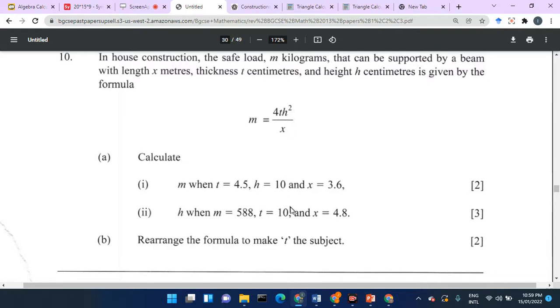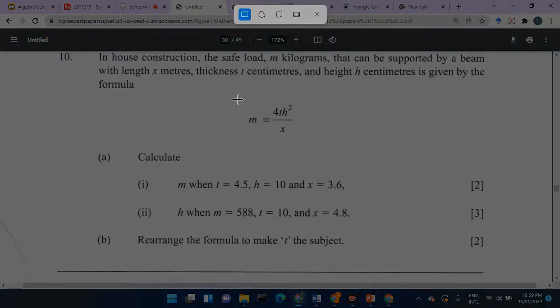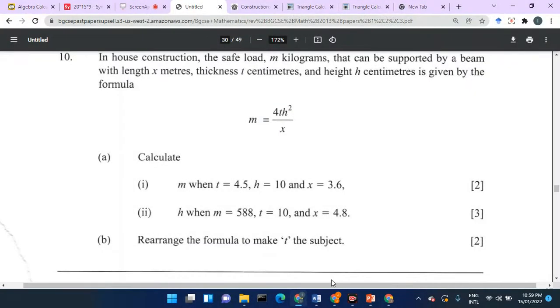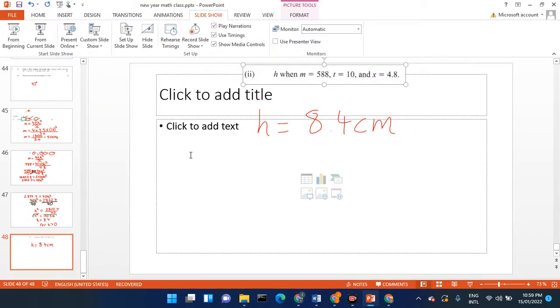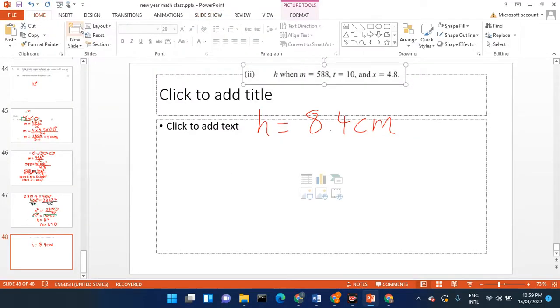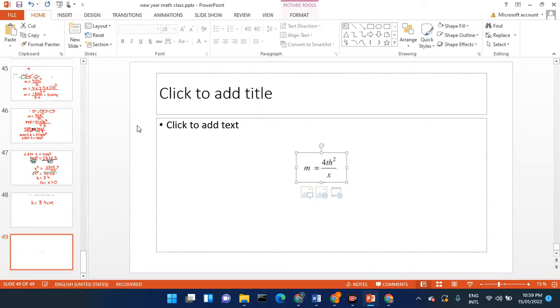When we say we want to make t the subject, that means we want t on the side where m is and everything else on the other side. And so how would we make t the subject of this formula instead of m?